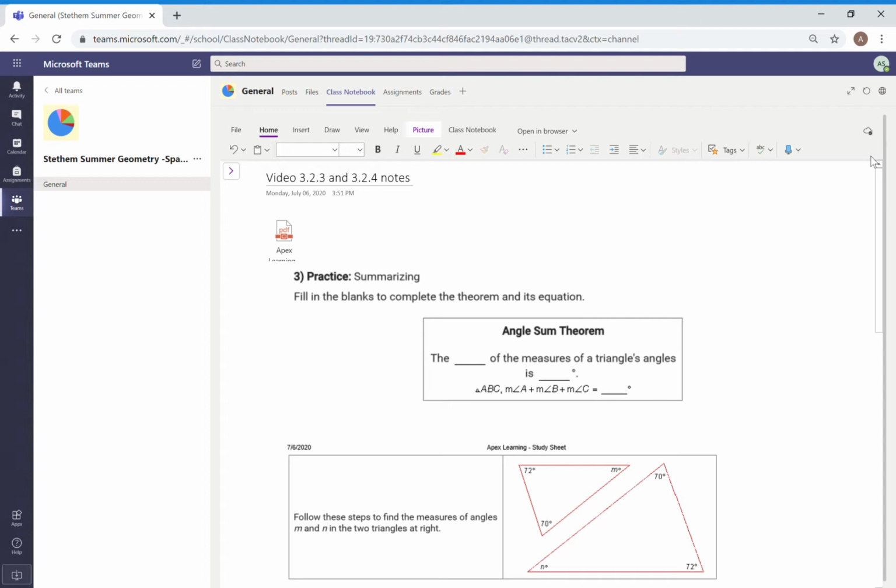So the first thing we need to know here is all about our angle sum theorem. What is it? The angle sum theorem states that the sum of the measure of a triangle's angles is 180 degrees.